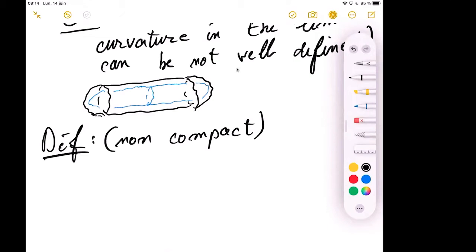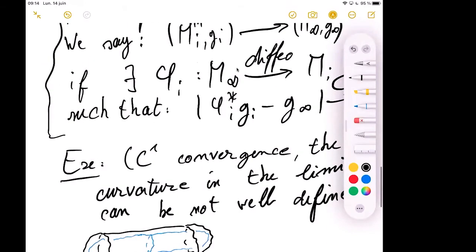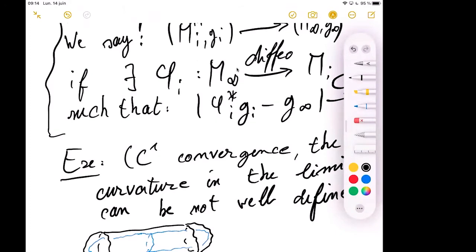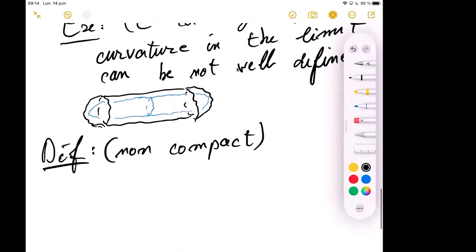So for non-compact spaces, this definition is really too restrictive. So we need to use things on compact sets, and so the definition is as follows.